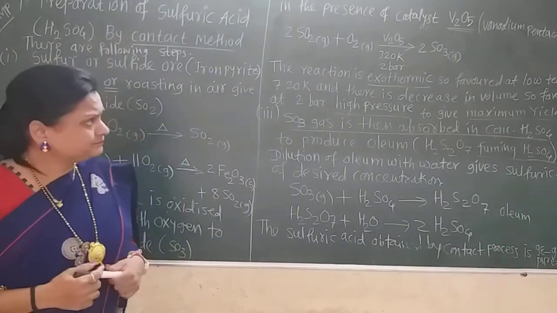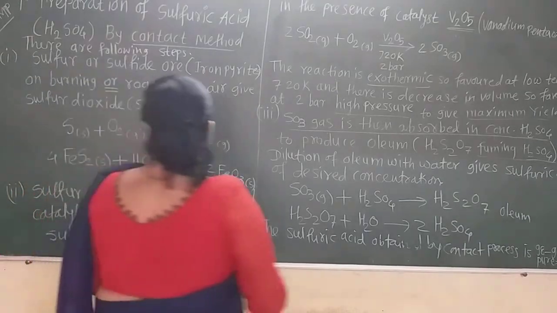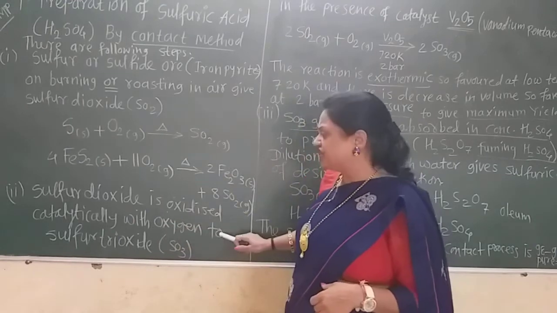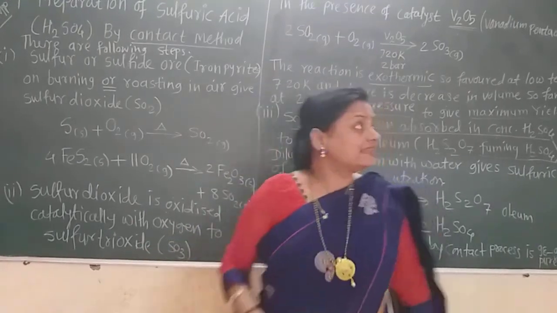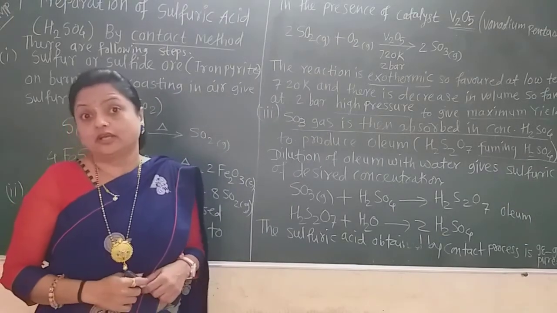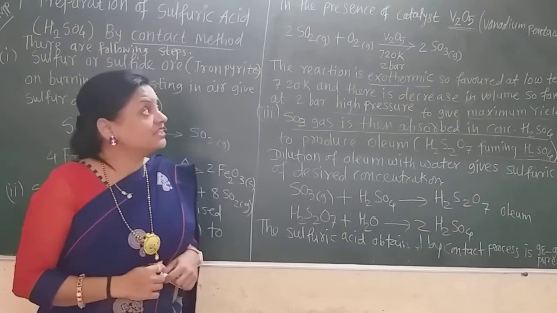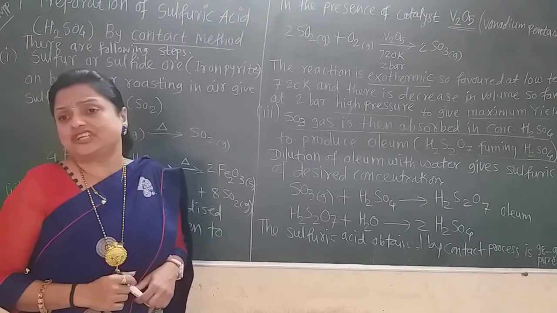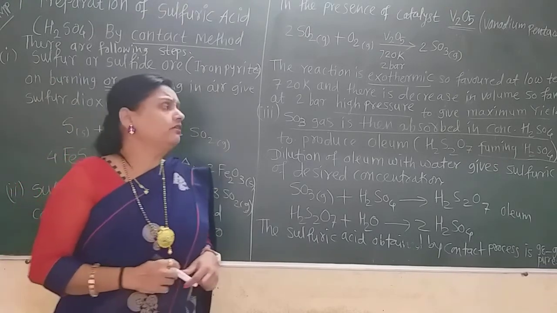As we are seeing here, the sulfur dioxide gas is oxidized catalytically with oxygen to sulfur trioxide gas in the presence of the catalyst vanadium pentoxide. This catalyst enhances the rate of the reaction, and without it the reaction is not very fast.